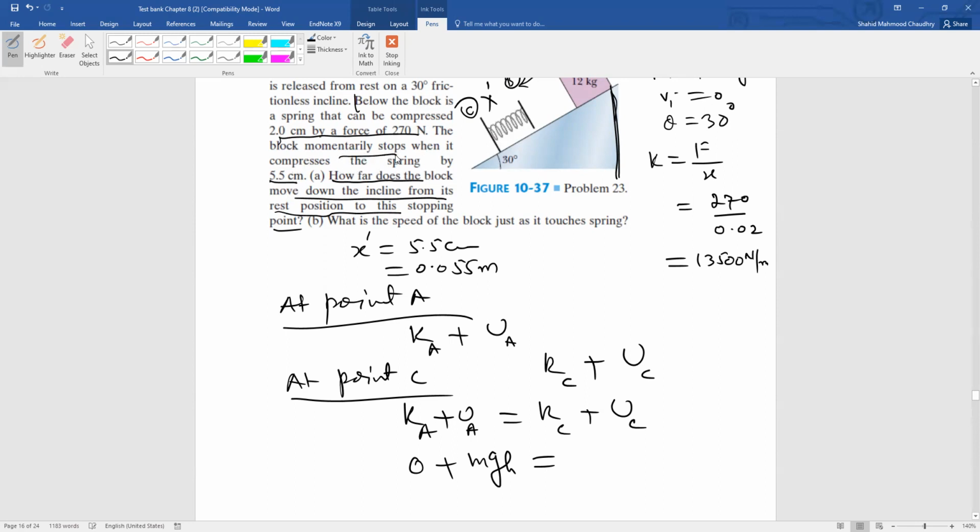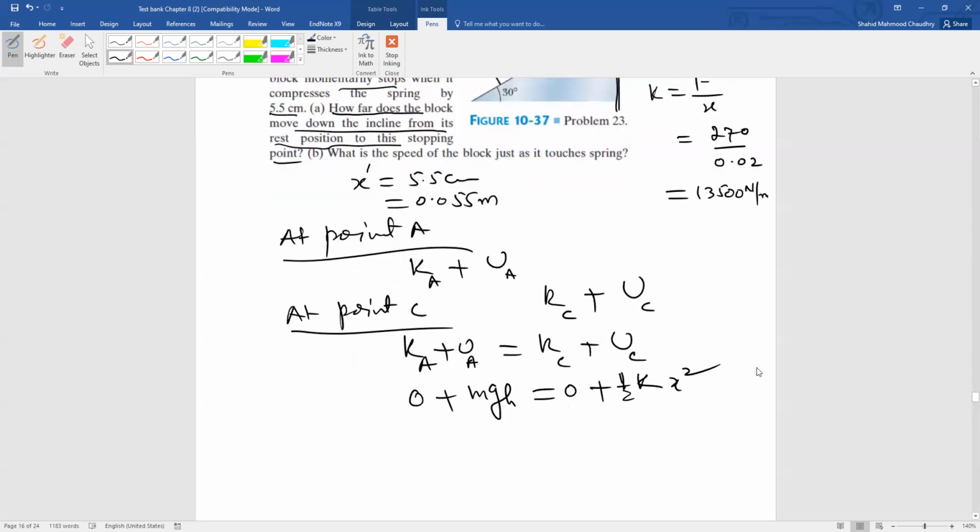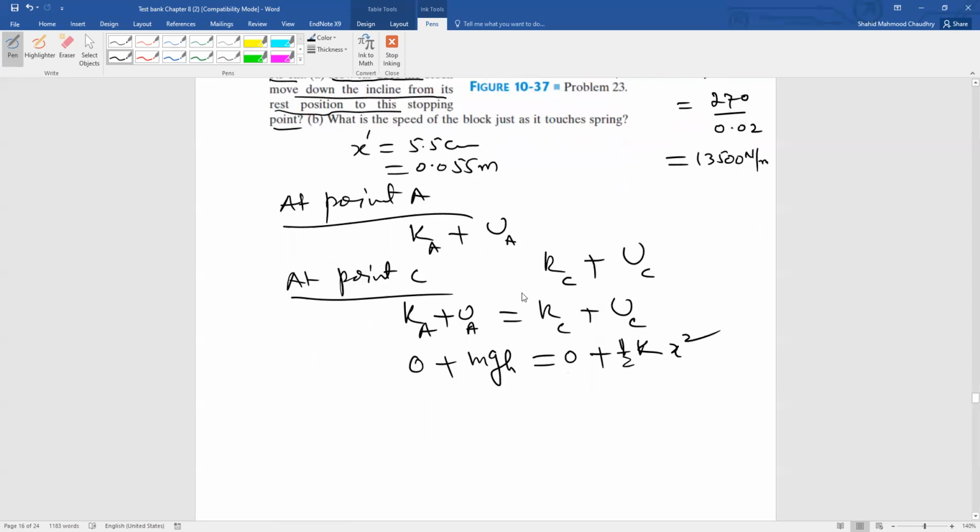Momentarily stops means rest. So this is 0, plus the potential energy at point C. This potential energy will be the spring potential energy, not the gravitational. And it is 1 over 2 k x square. I'm writing like this. This x is actually x dash.